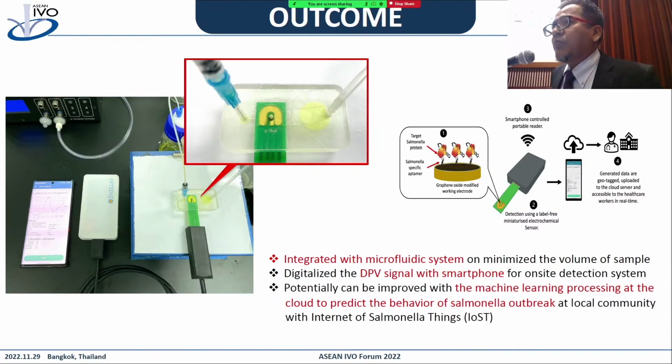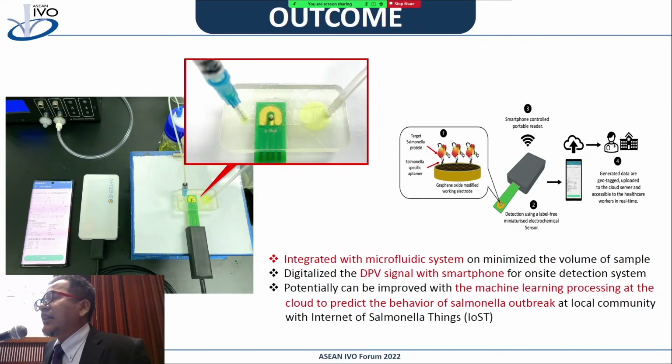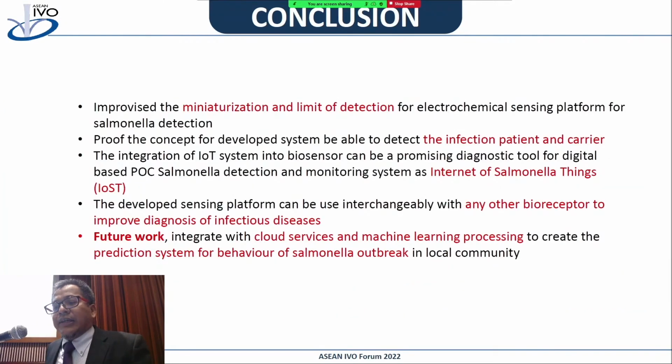So, the portability of the Internet of Things enabled Salmonella detection. The conclusions: we improved the miniaturization and the limit of detection for the electrochemical sensing for Salmonella detection.